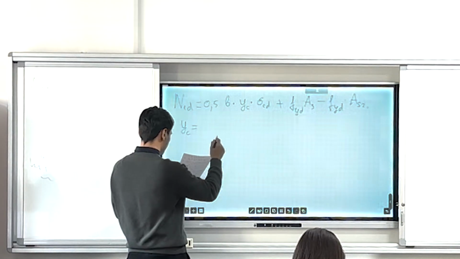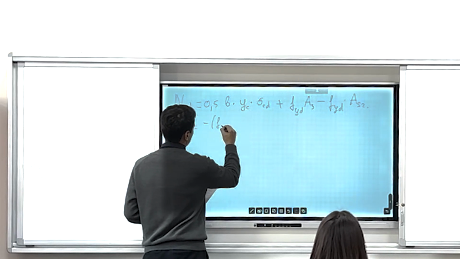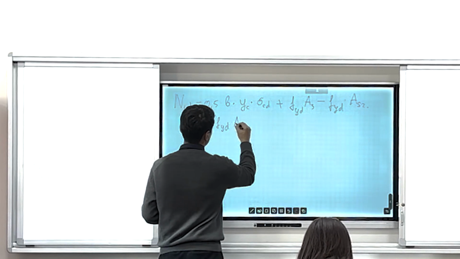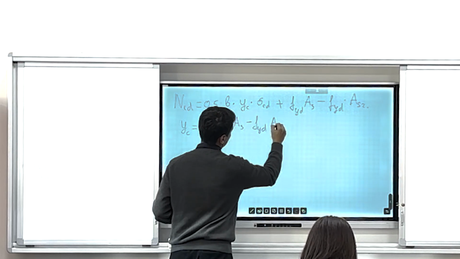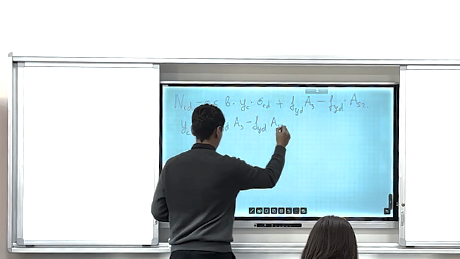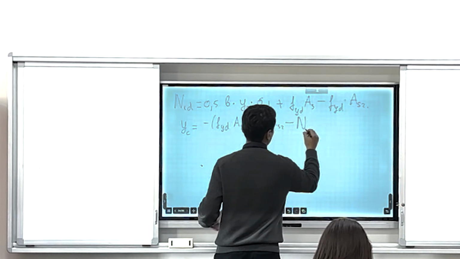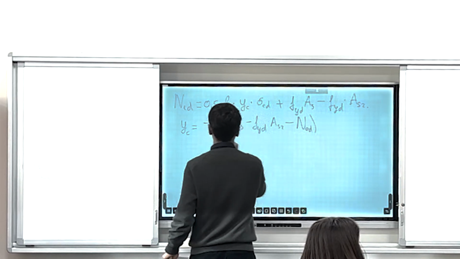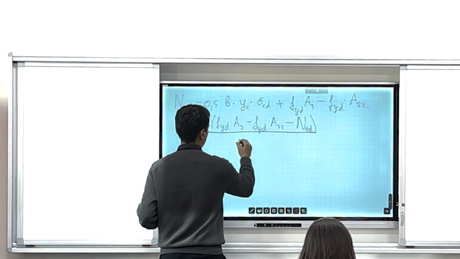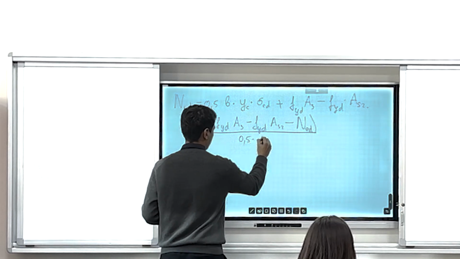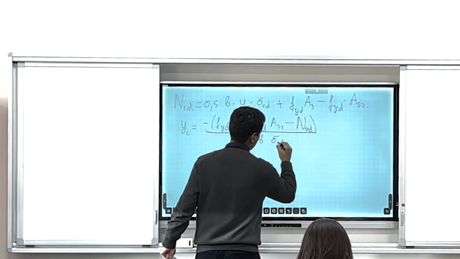So YC will be equal to minus FYD multiplied by AS1 minus FYD AS2, then minus N, divided by 0.5 b sigma cd.